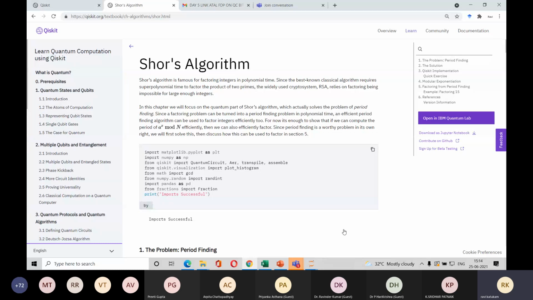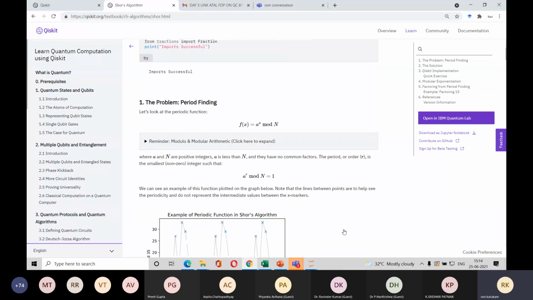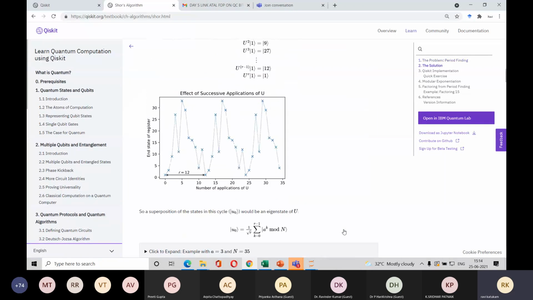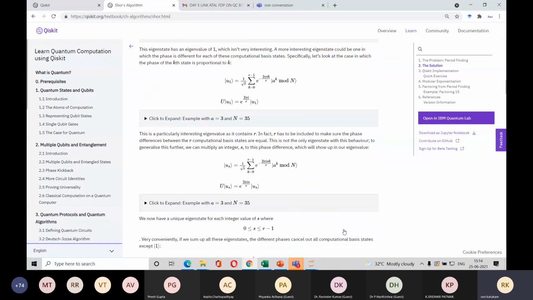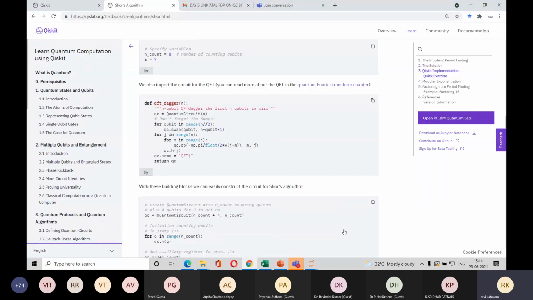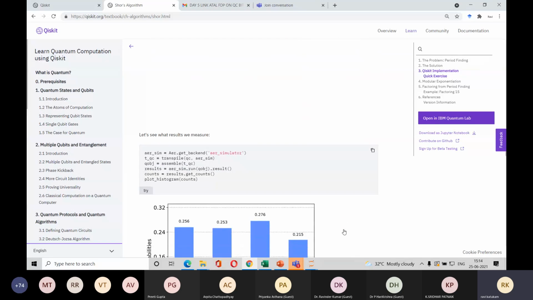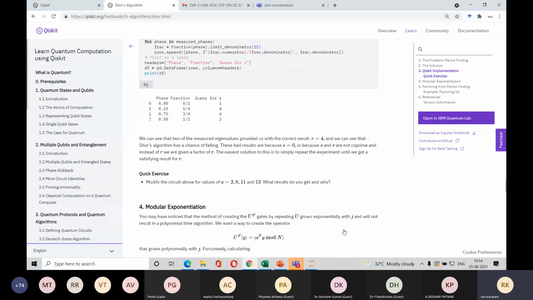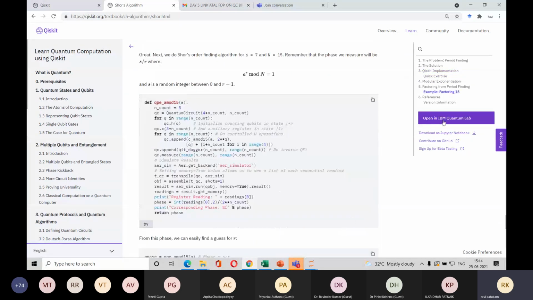Whenever people say quantum can break classical communication, Shor is one of the ingredients for that. Period finding is one exercise we do. So go through this entire literature systematically, and then you will be able to appreciate its importance.